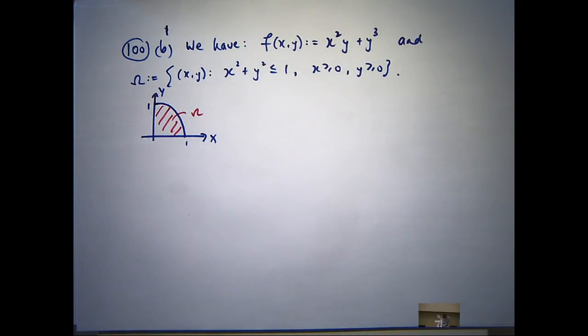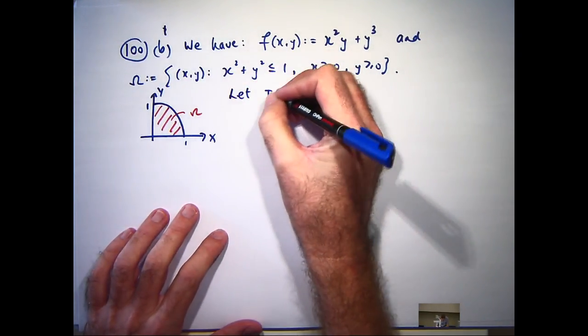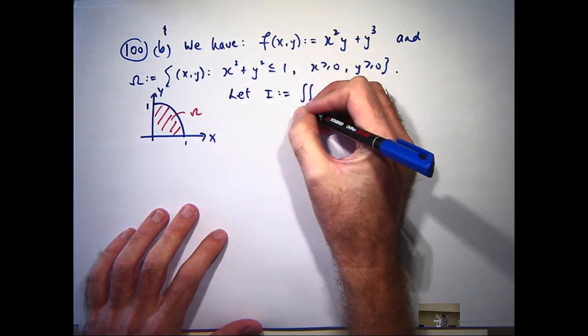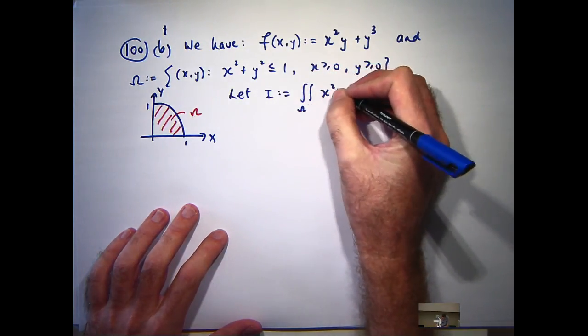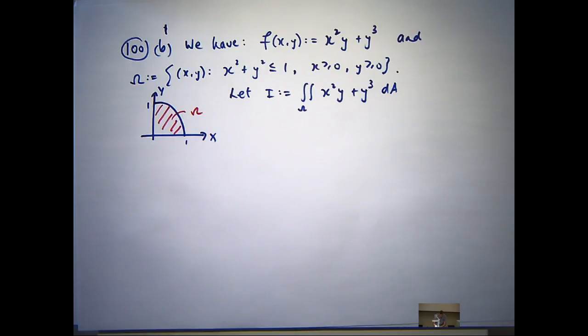Okay? So what we need to do is somehow describe this region here. So let I be the double integral of our function over our region omega. Now, I'm not going to describe the region omega using polar coordinates.